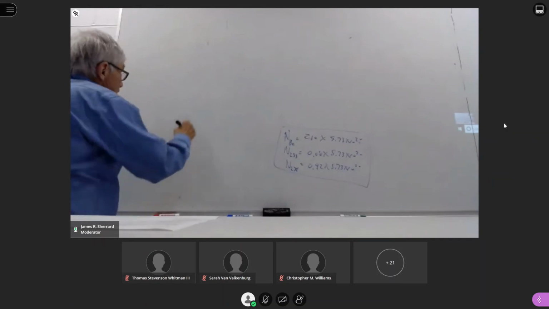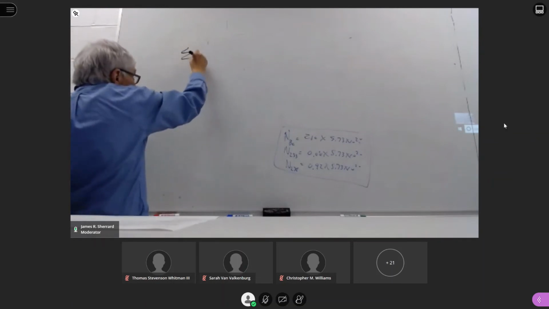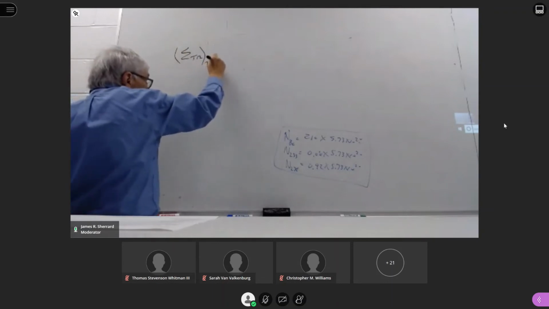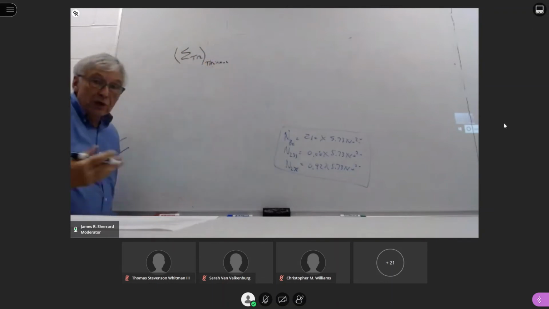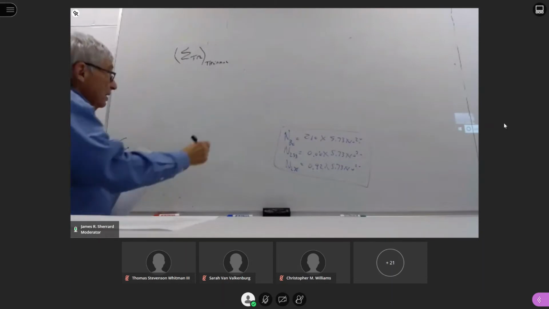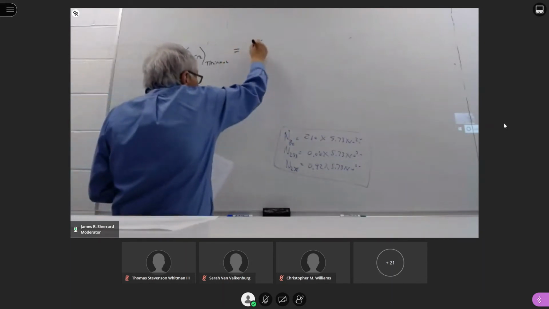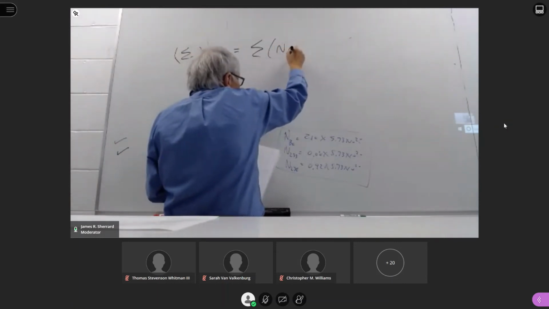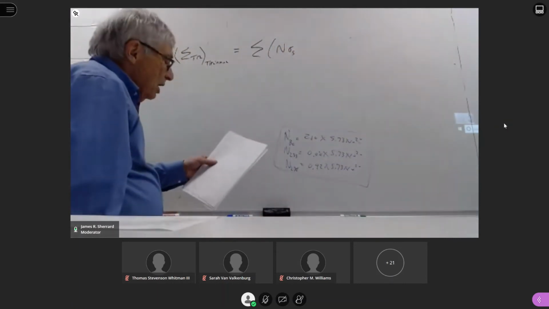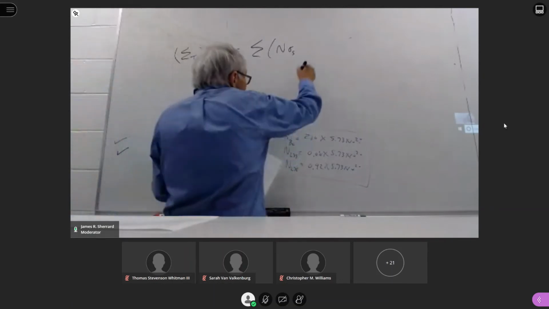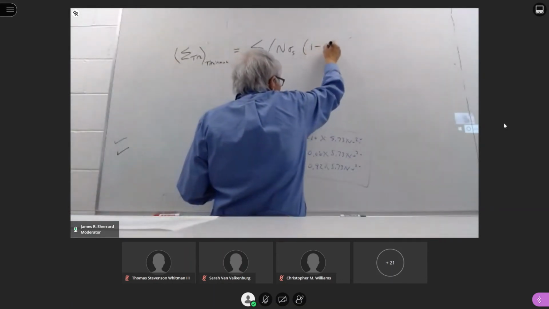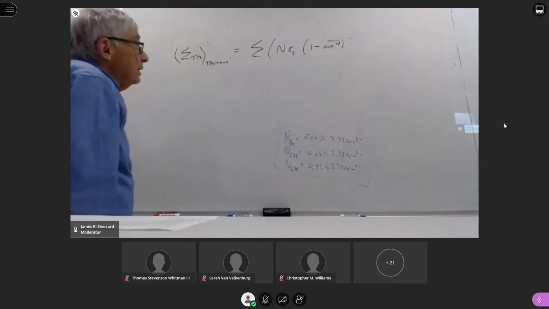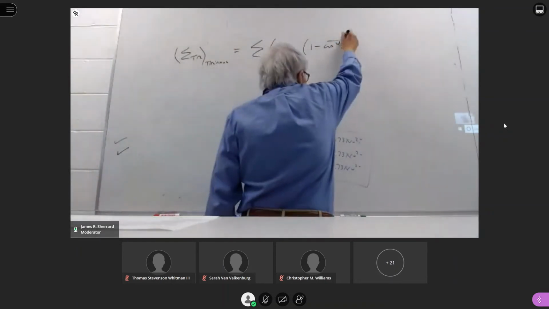So if I look at the definition of macroscopic cross-section for transport, and we know that this is going to be for thermal, because we're only looking at thermal neutrons, this is equal to the sum of the number densities times the microscopic cross-section for scattering times 1 minus the average value of scattering in the laboratory system.